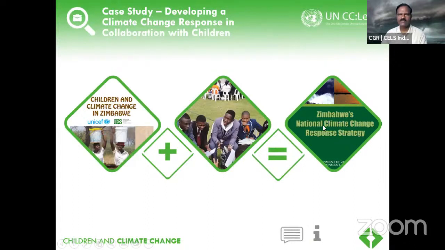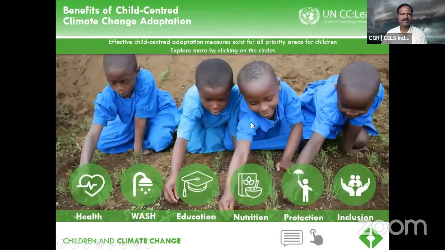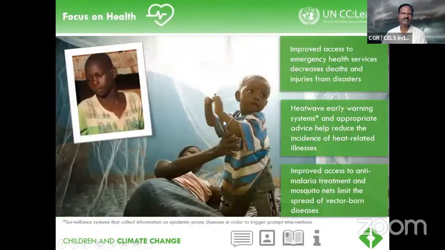Zimbabwe's national climate change response strategy included this after consultations. So effective child-centered adaptation measures exist for all priority areas for children. Explore more by clicking on the links: health, WASH, education, nutrition, protection, and inclusion. There are so many areas where we can work on issues related to climate change.